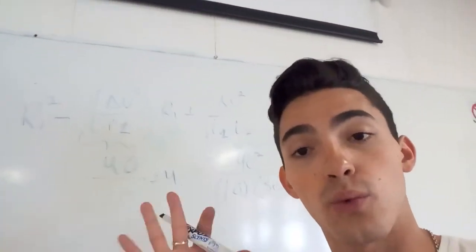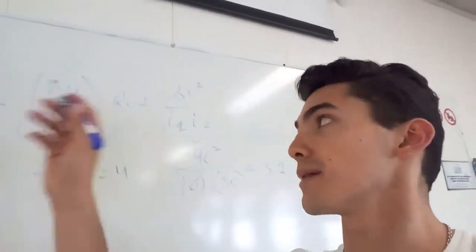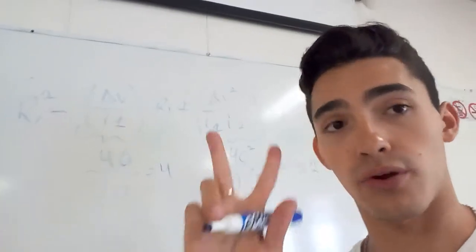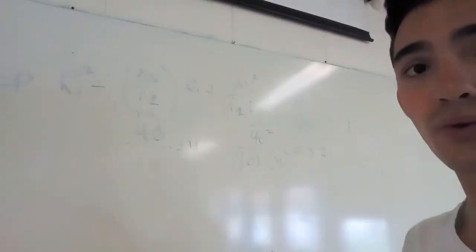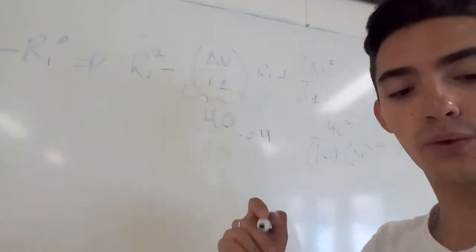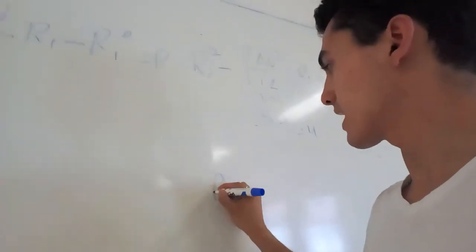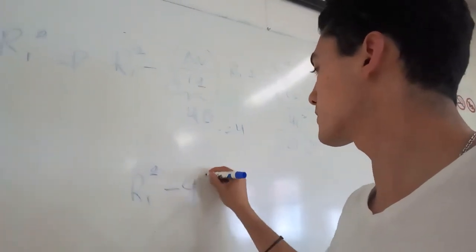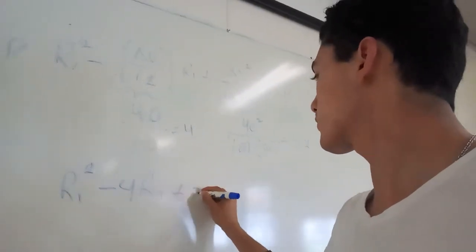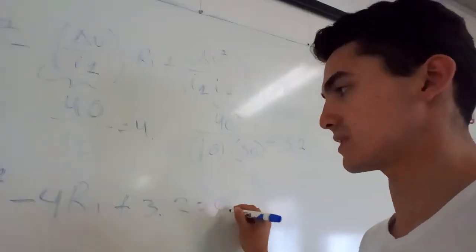So that's how we are gonna determine the values for R1, and we're gonna determine which of the two resistances is the larger. Okay? Once we have that, we can rewrite our equation as the resistance 1 squared minus 4 times resistance 1 plus 3.2 equals 0, okay?